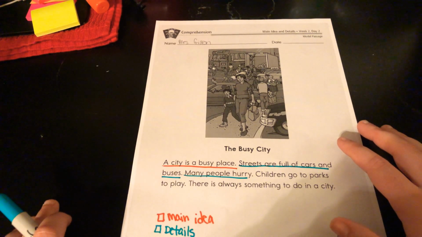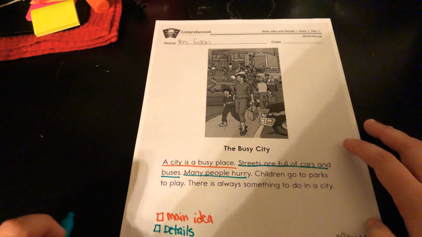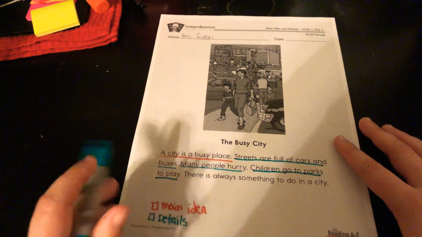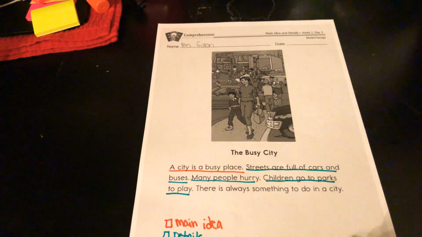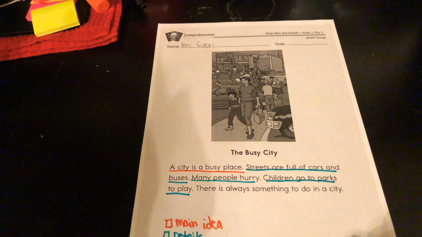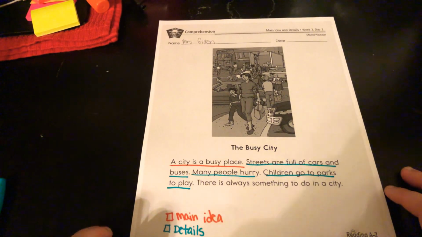You're trying to get from point A to point B. Okay, and it also says children go to parks to play. They put that as a detail in here. If you don't want to have that as a detail, that's okay. So we are going to have our main idea and our 3 details.